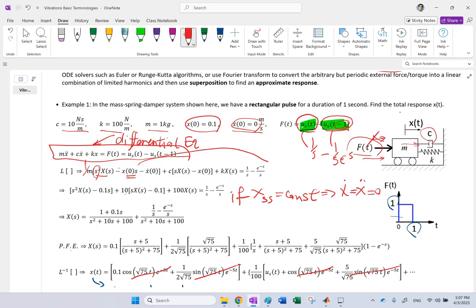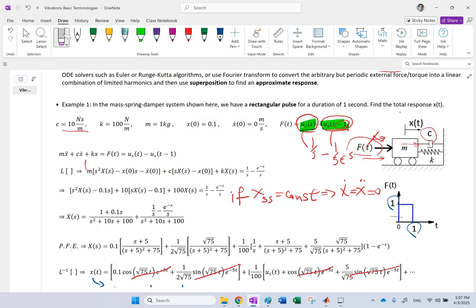So go back and look at the original ODE. If x dot and x double dot are 0, and this term is also 0, and this one is 1, you get k times x steady state equals 1, and k was how much? 100, right? So how much do you expect x steady state to be? 1 over 100, which is exactly 0.01.